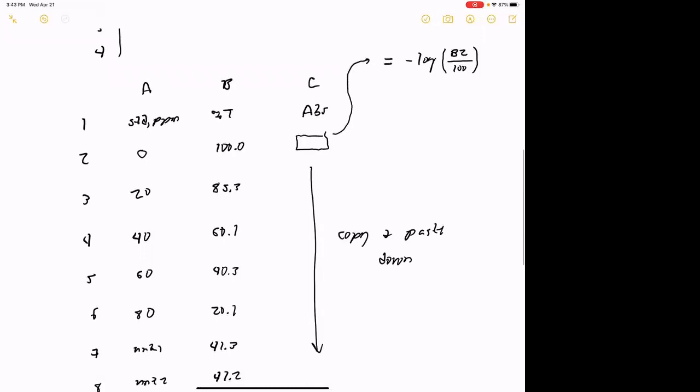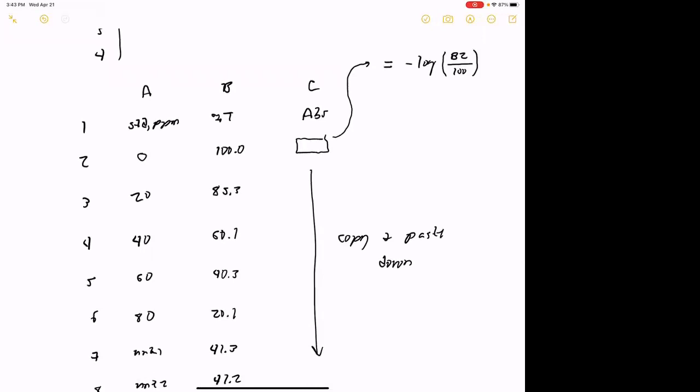So if you're over here in B3, and you want to see what absorbance C3 is going to have, when you copy down, it automatically takes B3 and sticks it into that equation. Okay, so if you're talking about B4, it takes B4 and sticks it into that equation and puts that into C4 for you.